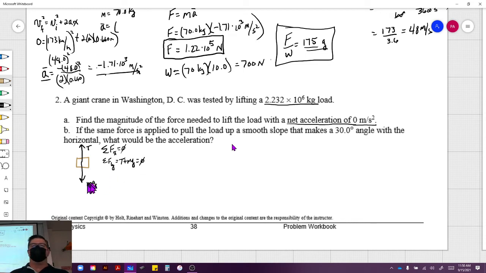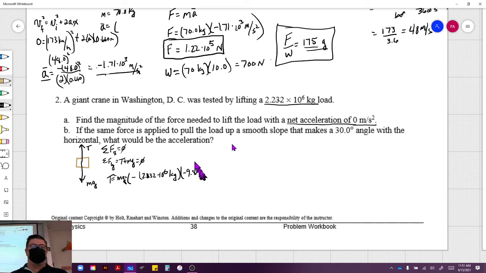So let's find out how much this thing actually weighs. Okay, so our tension is going to equal this times gravity. I'm going to use 10 again, equals negative mg, which is going to equal a negative 2.232 times 10 to the 6th kilograms times negative 9.8.